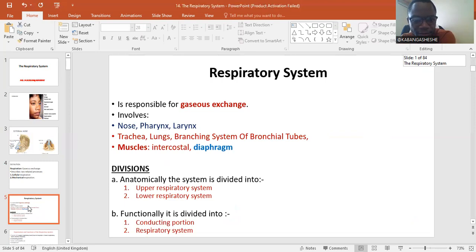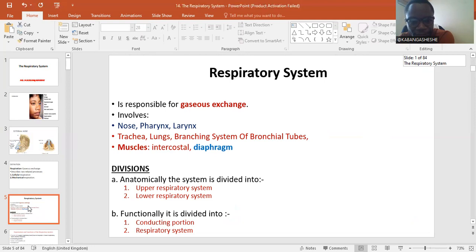So divisions of the respiratory system, we discussed this in the previous session. I would refer you to that discussion we had when we were discussing the rib cage. So we're saying we have a physiological division of the respiratory system. We also have the anatomical division.